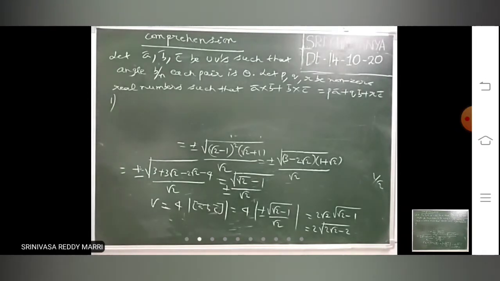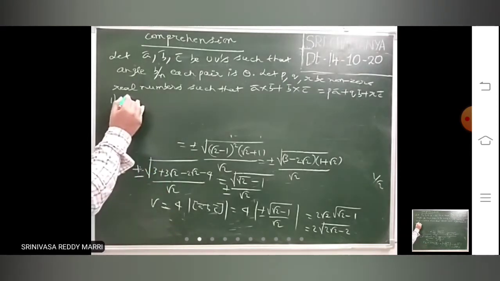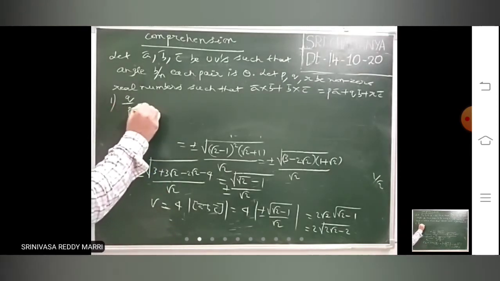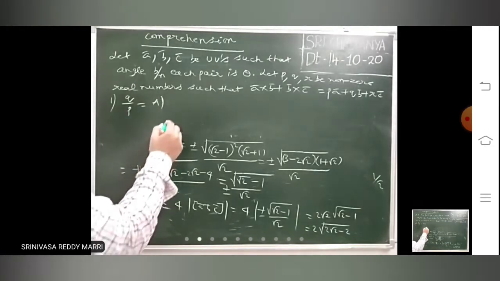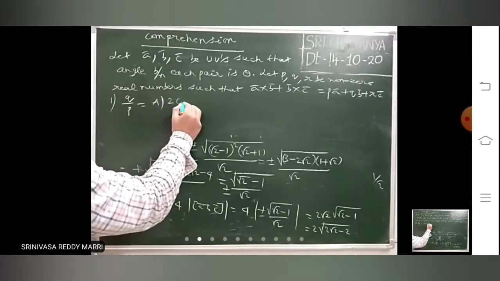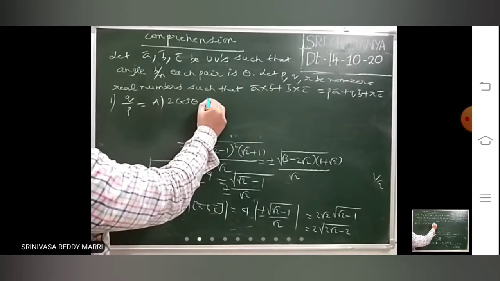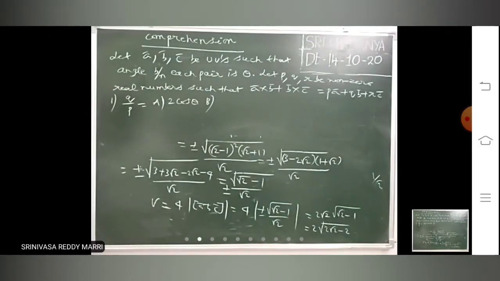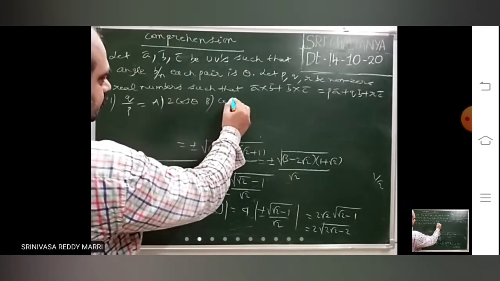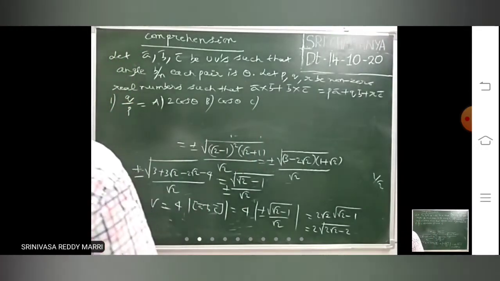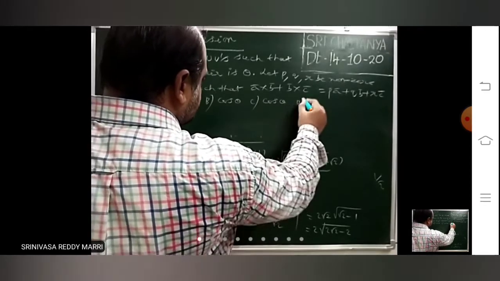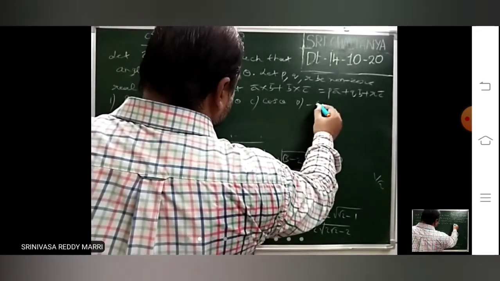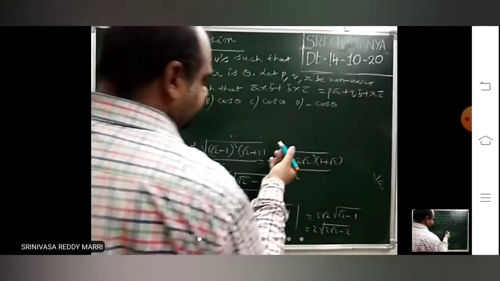Then the first question: Q by P equals to 2 cos theta, cos theta, minus cos theta.